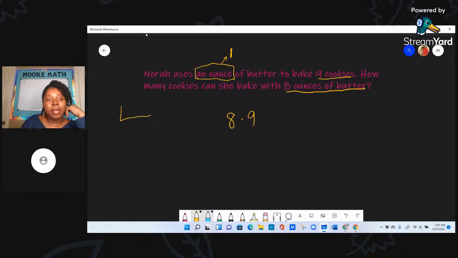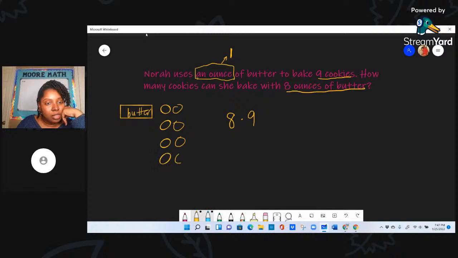Okay, so here's our butter. And it takes this ounce and we use that for 9 cookies, right? 1 ounce of butter for 9 cookies.